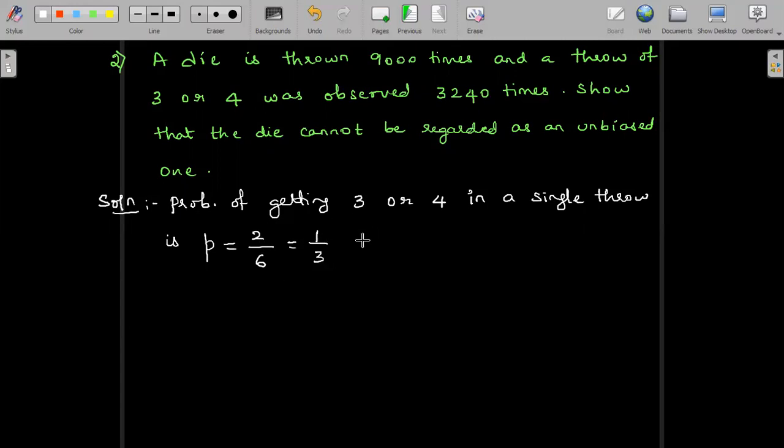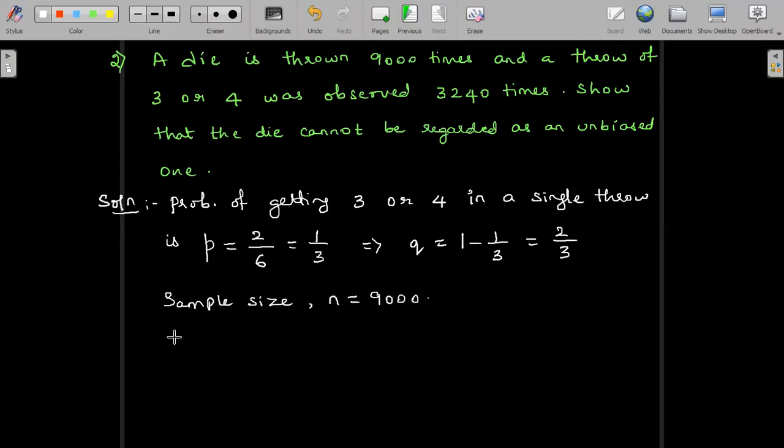So if P is 1 by 3, we can easily calculate Q. Q is 1 minus 1 by 3, which is equal to 2 by 3. And the sample size is given: here we are throwing the die 9,000 times, so N is equal to 9,000.